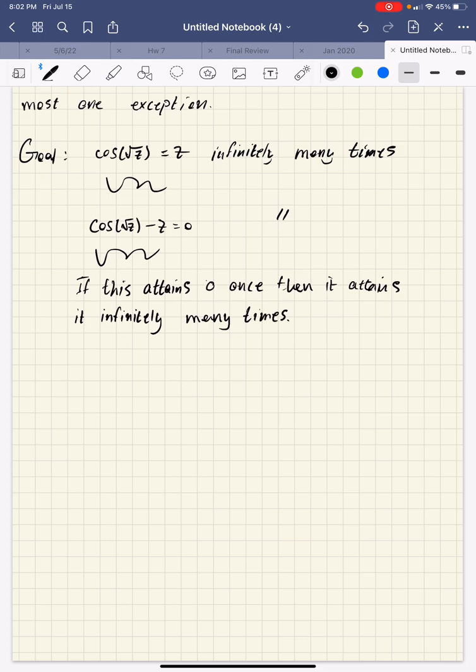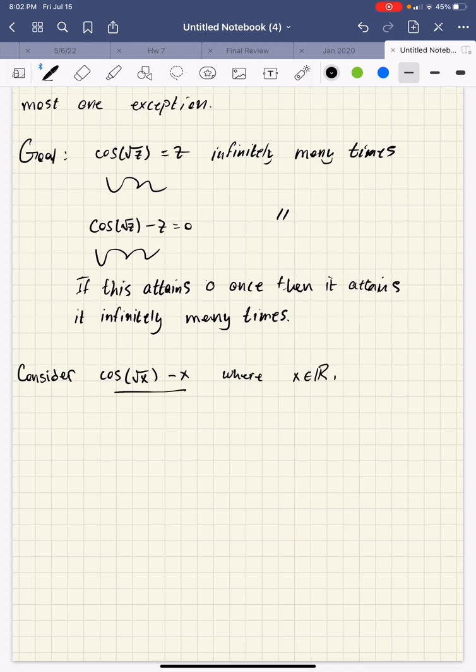So all we have left to do is show that this function, cosine square root of z minus z, attains 0 somewhere. Luckily, this function actually attains 0 on the real line, and we can show this as follows. Let's consider just the real valued version of this function, cosine square root of x minus x, where x is real valued.